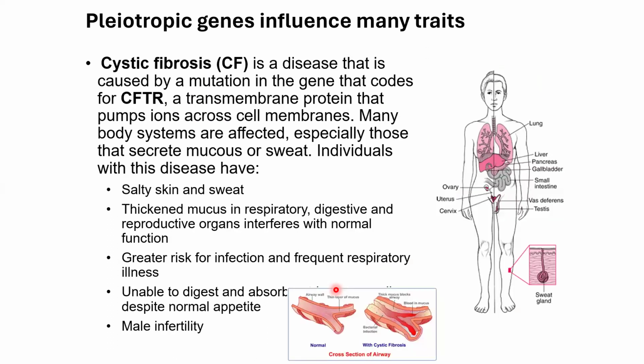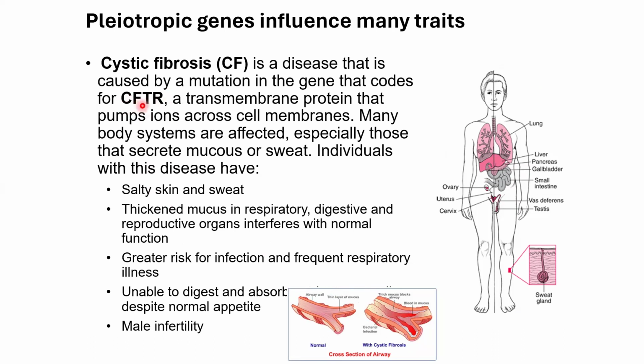Another example of a pleiotropic disease, with a gene influencing many traits, is cystic fibrosis. It is a disease caused by a mutation in the CFTR gene.